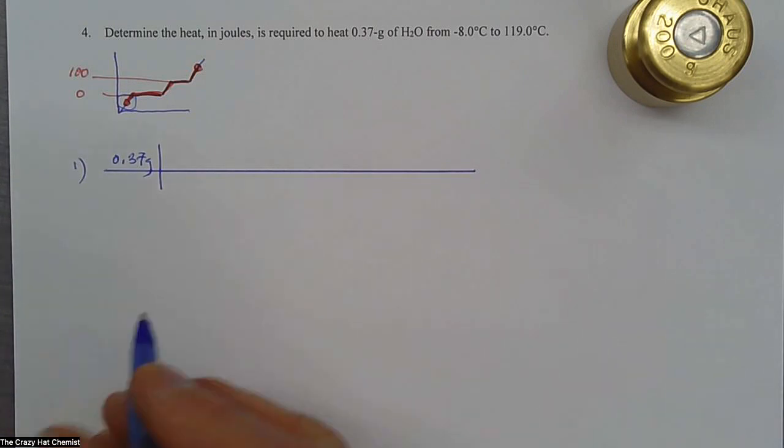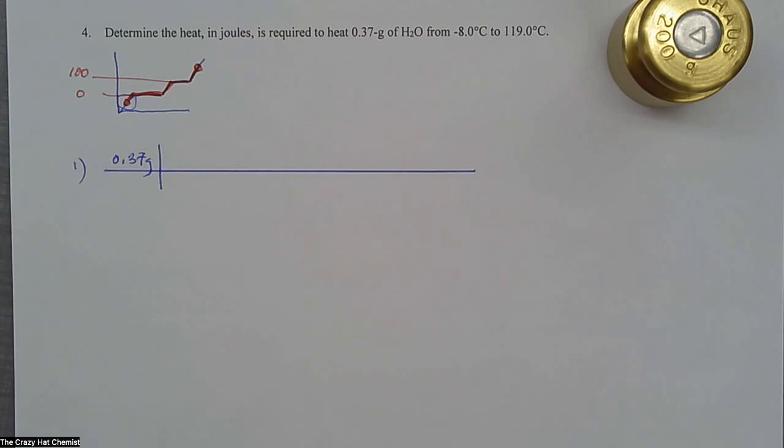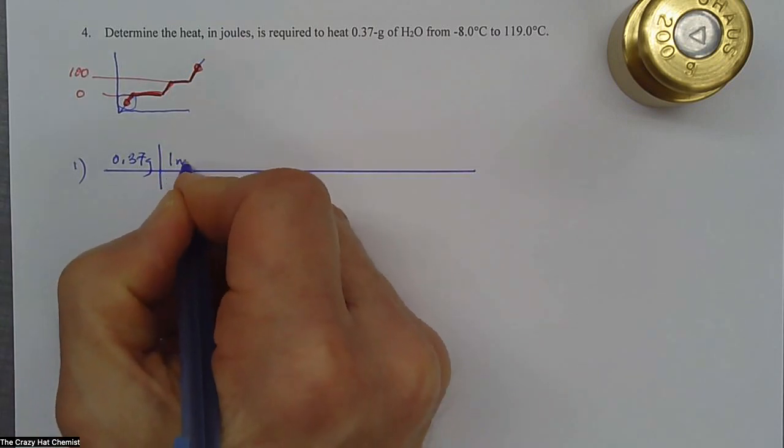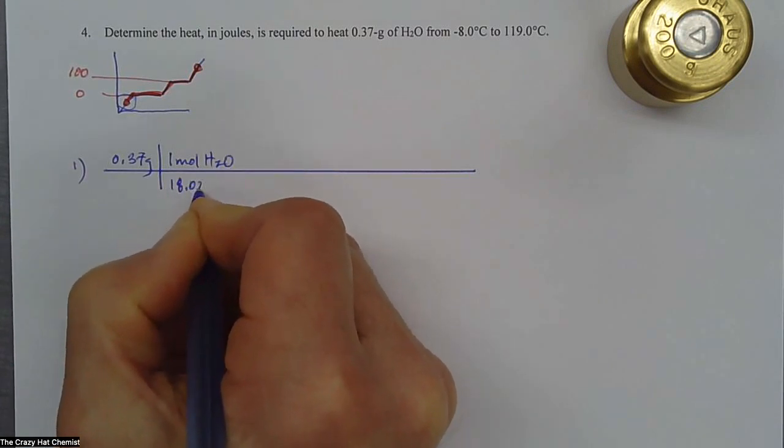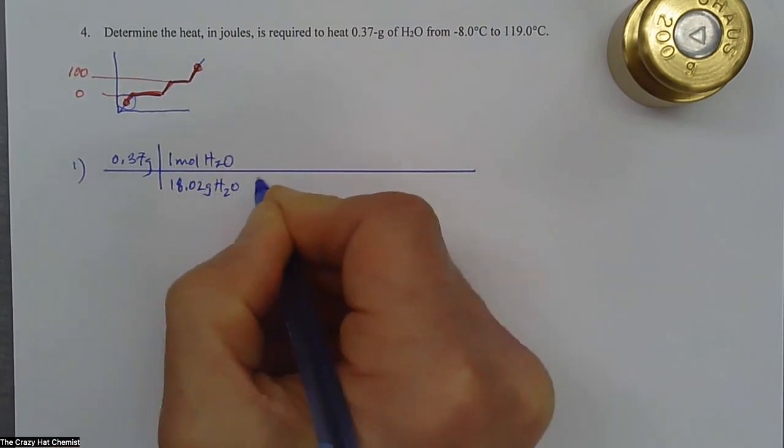And so that value has moles in it. So we're going to have 1 mole of water, and that's 18.02 grams of water.